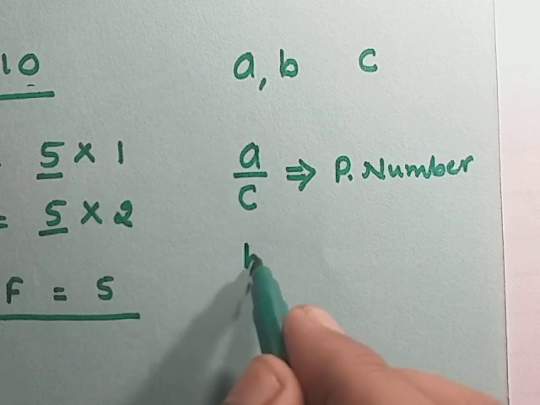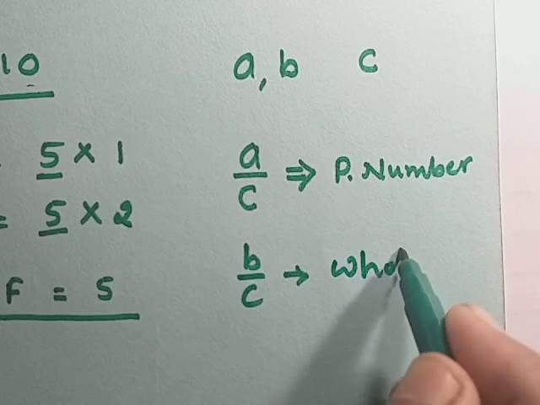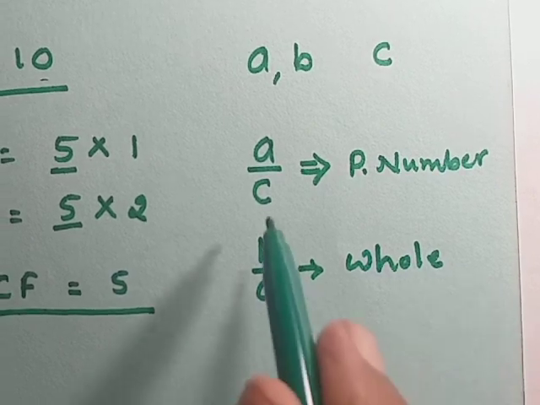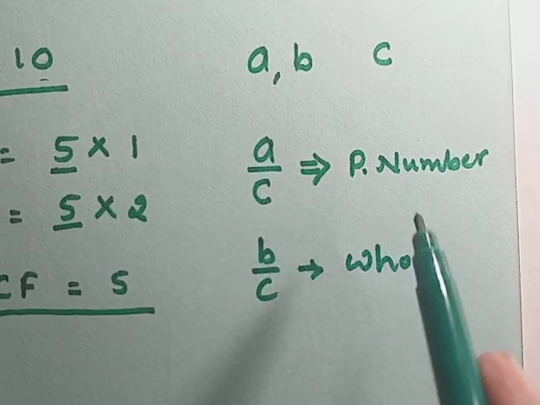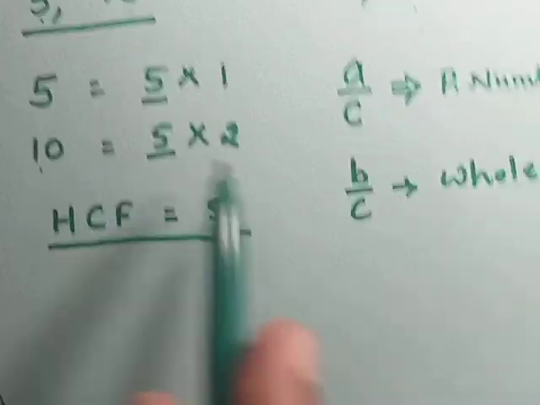And similarly, B by C also gives a whole number. Then C is called the HCF of both A and B. That is the example here.